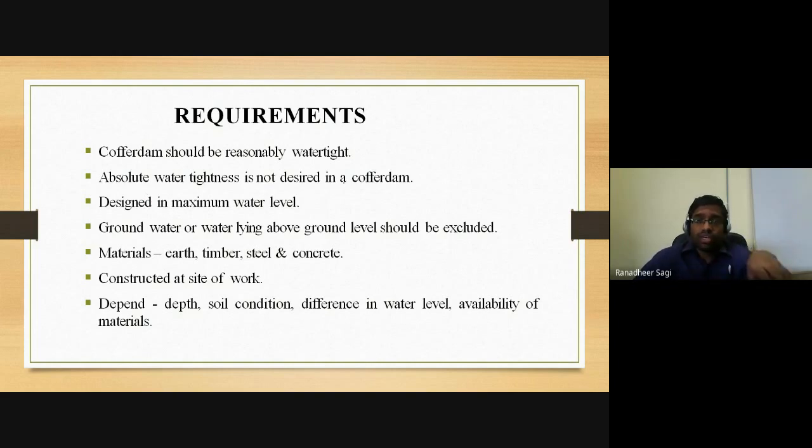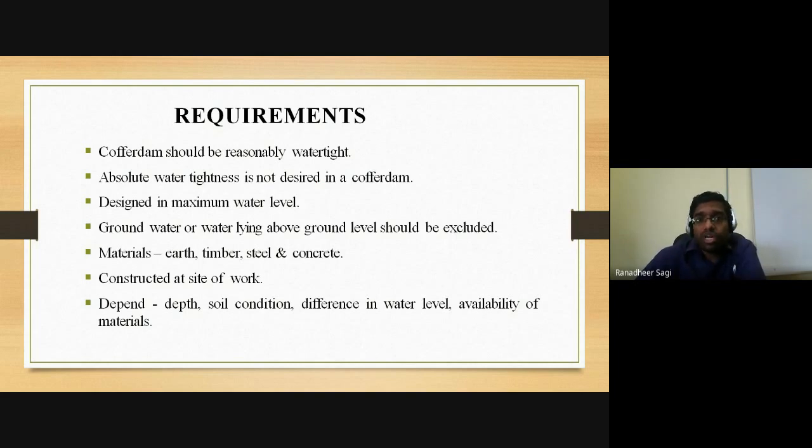Whatever cofferdam structure we construct in water flowing areas, across water flowing channels or in water stagnated regions, should be reasonably watertight. It means that it should not allow the water to flow through the cross section of that cofferdam structure. It has to be reasonably watertight.